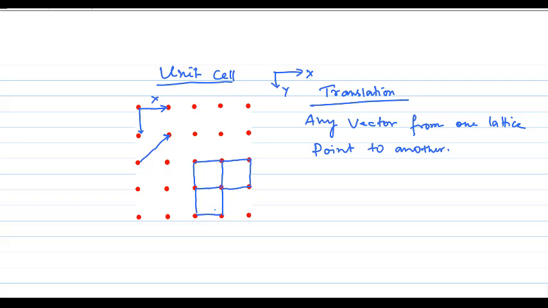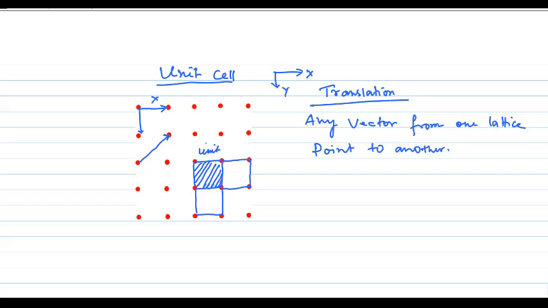So that is true when you do it in the z direction also. When you do it in the third direction, this will come true. So I can define a unit which, when repeated in space, can generate the entire crystal structure.